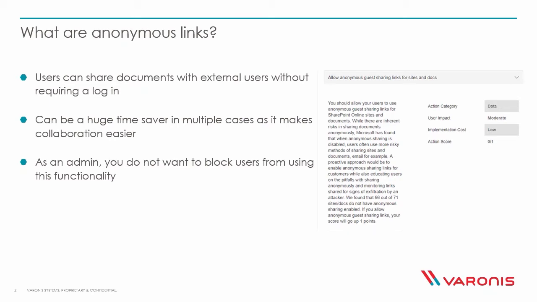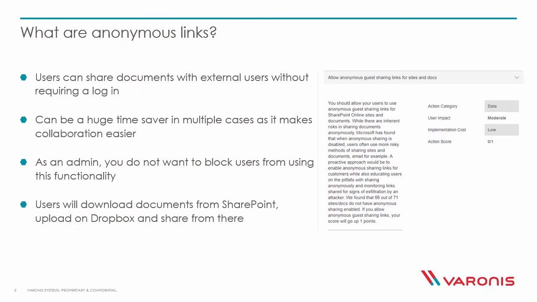If you turn off anonymous sharing, Microsoft actually says that you should turn this on because if you disallow it, what users will do is they will in fact go to Dropbox, to Google Drive, and they will use this functionality in a system that you have no idea about and you do not control. So it's better that you actually allow them to do it in SharePoint in a controlled way rather than block them completely and they go and use another system that you have no idea about.